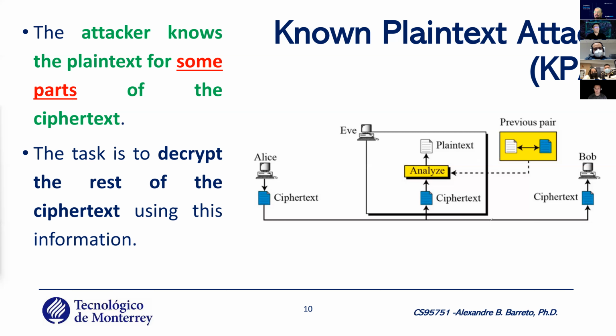If the algorithm has some problems, you can discover the key that the user used to cipher the message. And if you discover the key, you broke the code. Okay.